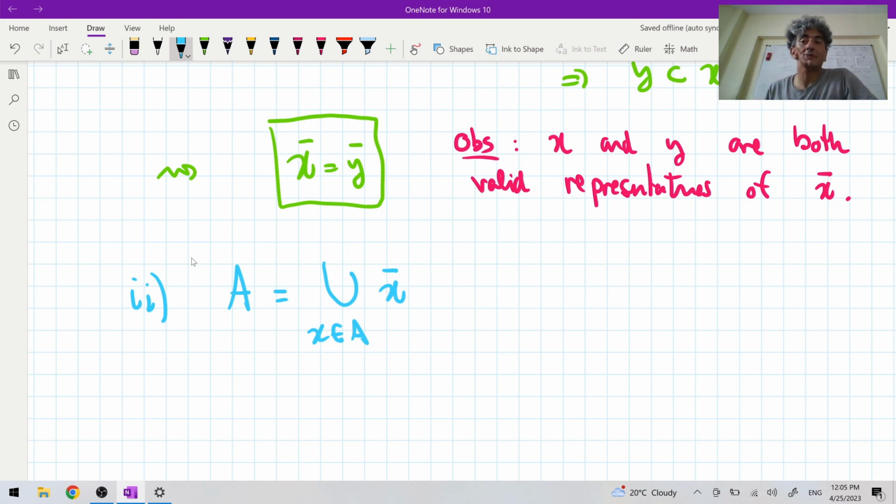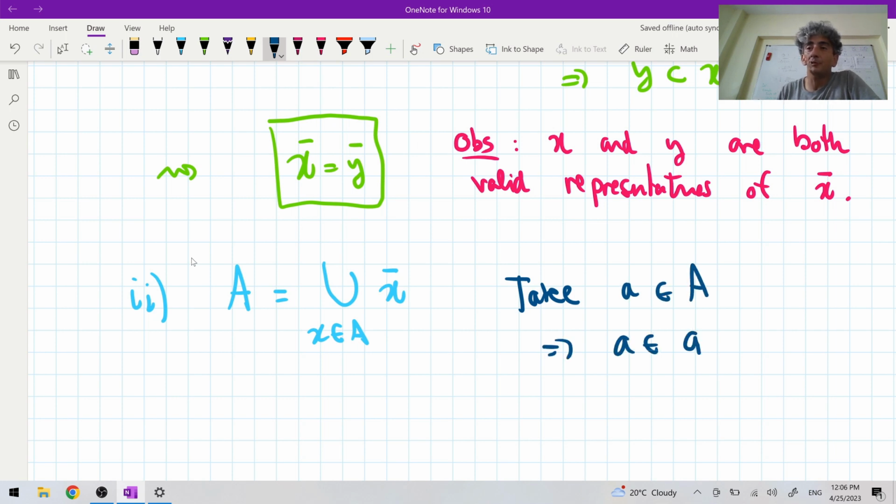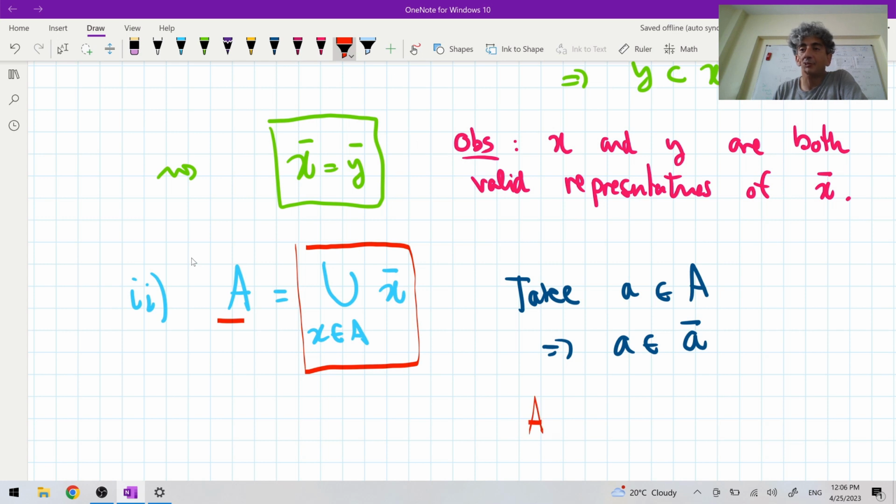Let's try to break this down a little bit. So since the classes are non-empty, take A belonging to the set A, then A belongs to its own equivalence class. So what we have now is that the element A belonging to this set is in one of these guys. Okay, so A is actually contained in the union of all the equivalence classes.